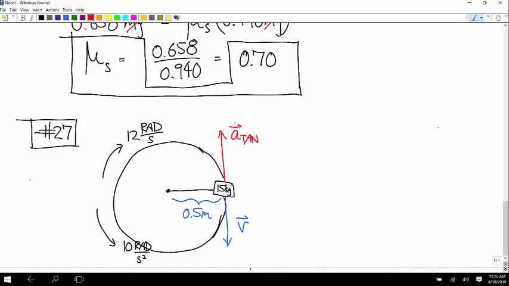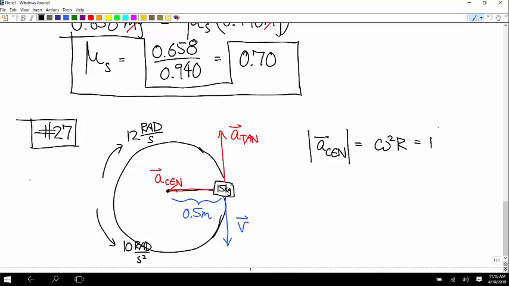Centripetal is always this way. The magnitude of the centripetal acceleration is omega squared r.